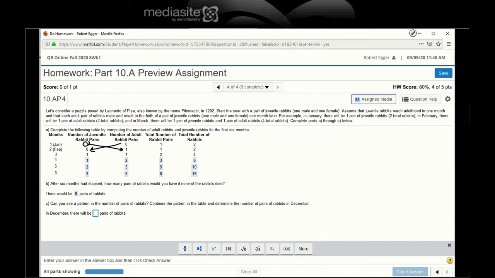Oh, lovely. 6. That'd be 7, 8, 9, 10, 11, 12. So 7 should be from the 2 months before that, 5 and 8, which should be 13. Month 8 should be 8 plus 13 for 21.